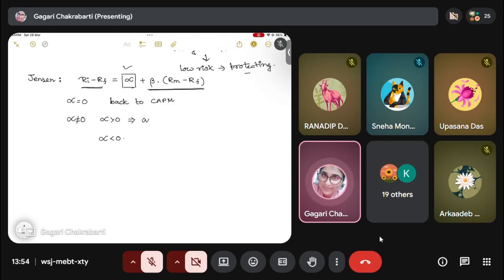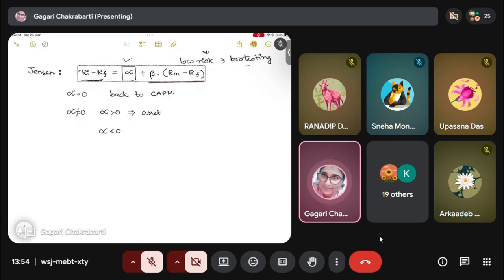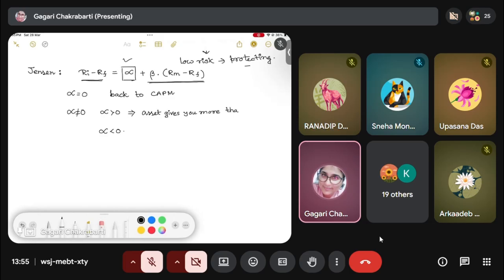So the asset gives you more than what the market warrants. মানে মার্কেট তো তোমায় বলছে তোমার কতটা পাওয়া উচিত, মানে মার্কেট বলে দিচ্ছে তোমার Ri minus Rf টা হবে বিটা টাইমস Rm minus Rf. তো এইবার যদি আলফাটা গ্রেটার দ্যান 0 হয়, তার মানে the asset gives you more than what the market warrants.